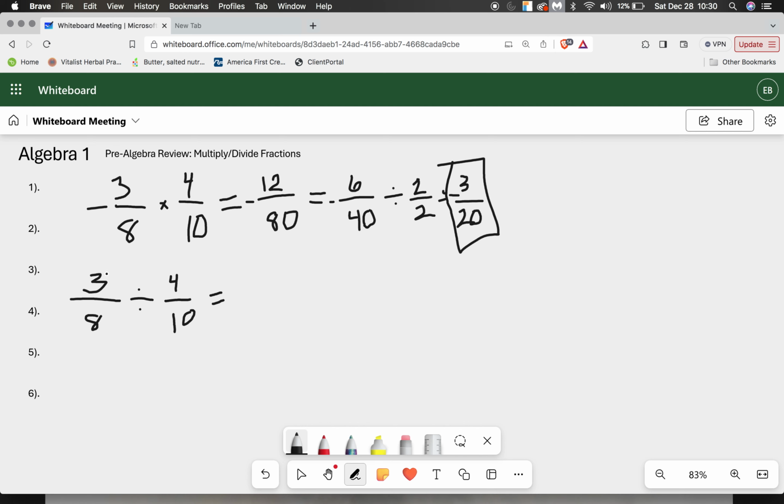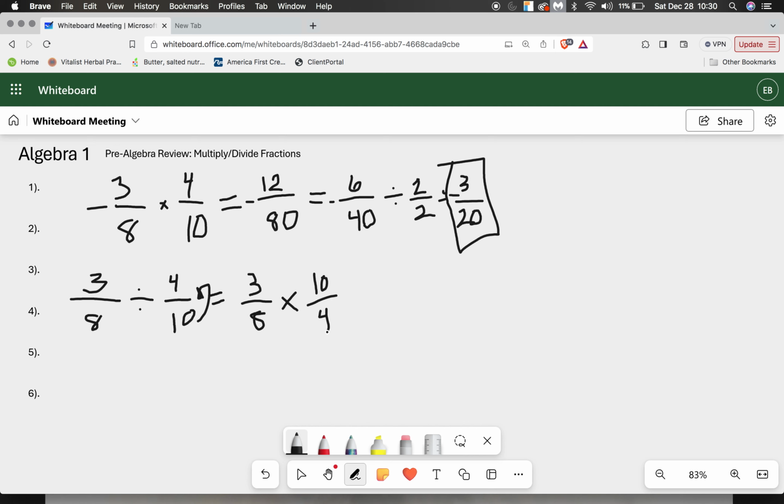So what we do when we're doing fraction division is that we take the first number, and it stays the same as we rewrite our equation, and we divide this fraction by the reciprocal, or the inverse of our first number. So in this case, we would multiply this by 10/4.